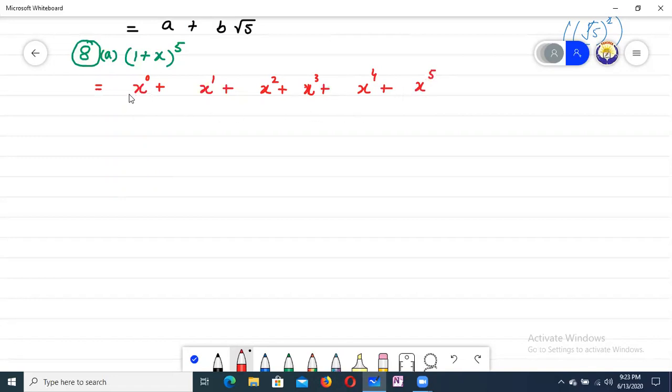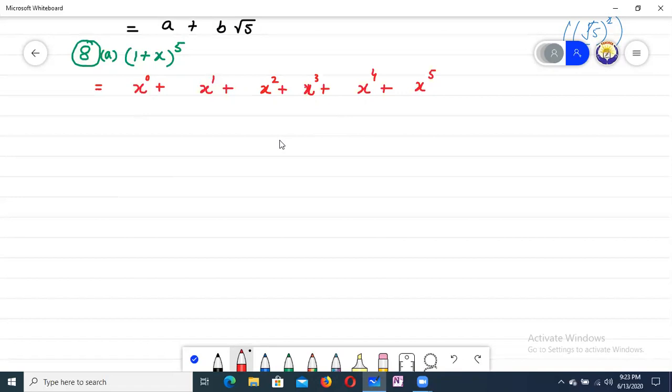Other term why I did not write here is 1 raised to the power 5, 1, 1 raised to the power 4, 1, 1 cube 1, 1 square 1. In the same way 1 raised to the power 0, 1. That will be 1, 1 in product will not make any change.